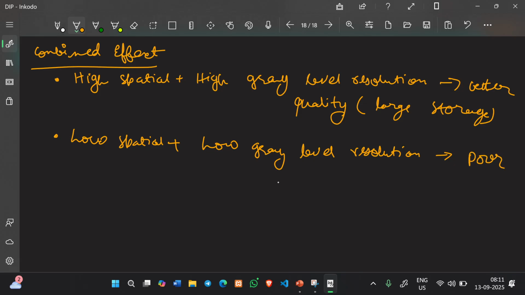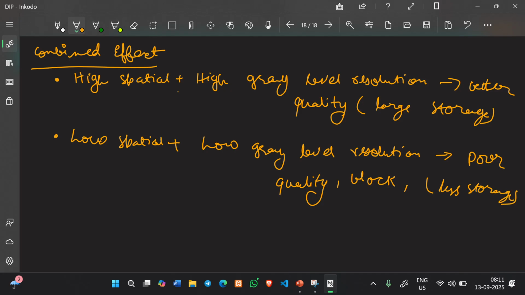Poor quality, or you can say a blocky or blurred image, and it will take less storage.